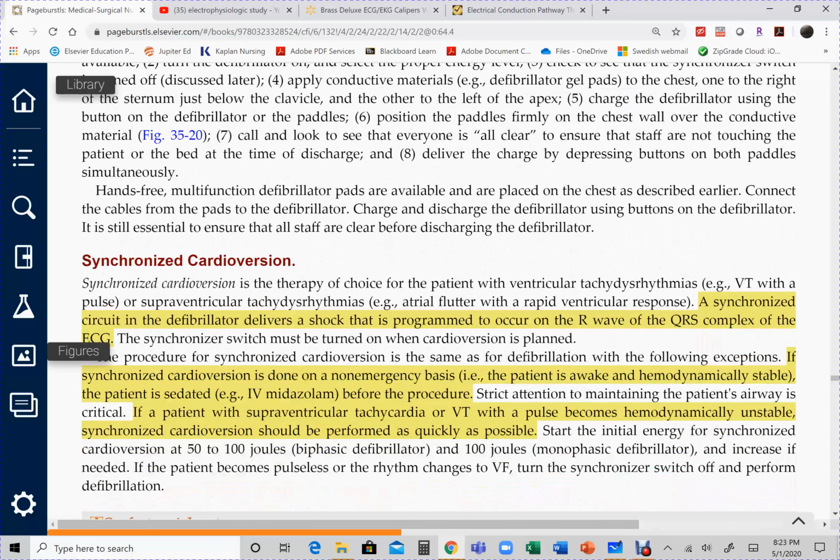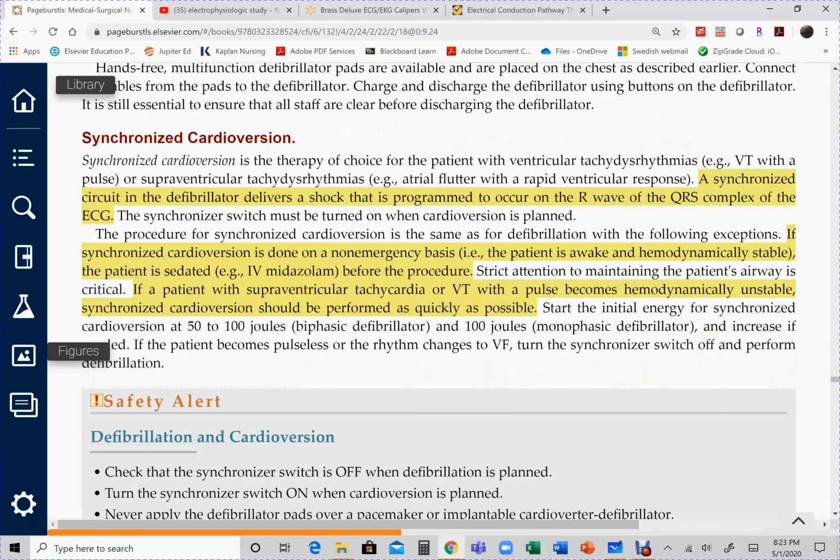In synchronized cardioversion, nobody is holding the paddles. We attach pads on the patient, still connected to the defibrillator, but we turn on the synchronizer switch. So the sync button must be turned on, and then the cardioverter takes it from there.